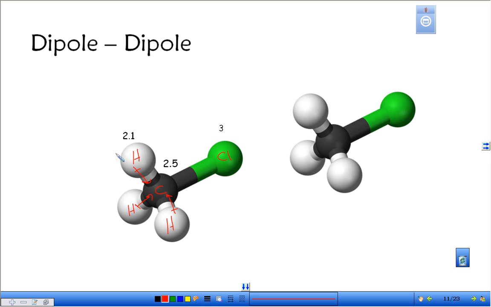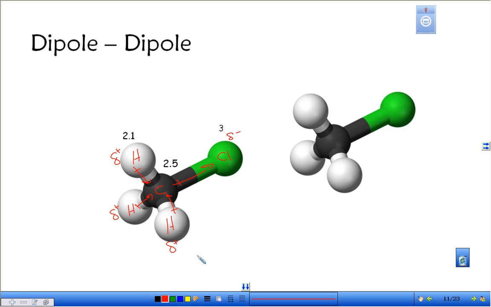And so each of these hydrogens becomes slightly positive. On the other end, if you go 2.5 to 3, the electrons in this bond tend to move closer to chlorine, so this end becomes slightly negative. So we have a positive end down here and a negative end up here, and so we have this polar molecule. This is called methyl chloride.